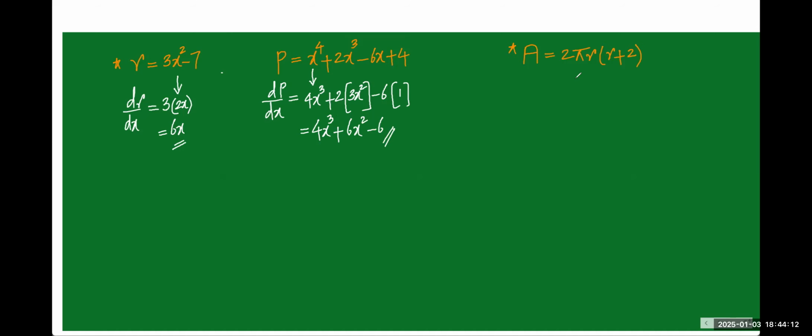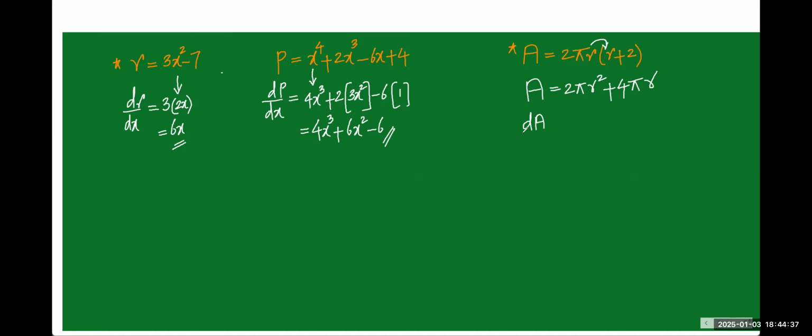Now with this one, before starting the differentiation, we will simplify it. These two we can multiply: 2 pi r square plus 2 twos are 4 pi r. Now you can start differentiating with respect to r.